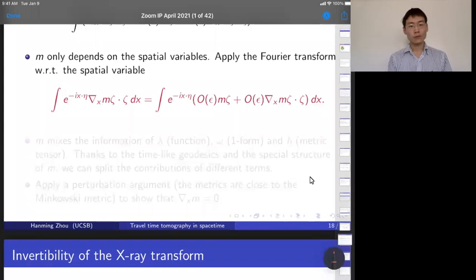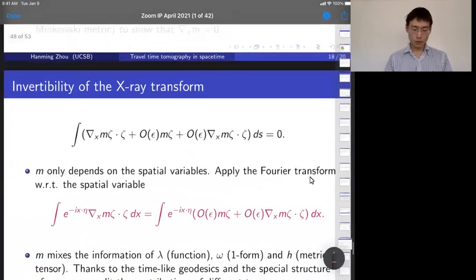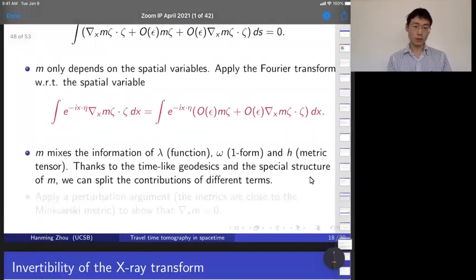So after taking the Fourier transform, we get this. Then there's another issue, because our metric mixes the pure time part, the pure spatial part, and also the mixed part. If we want to uniquely determine that, we need to separate these contributions from the different parts of the metric.